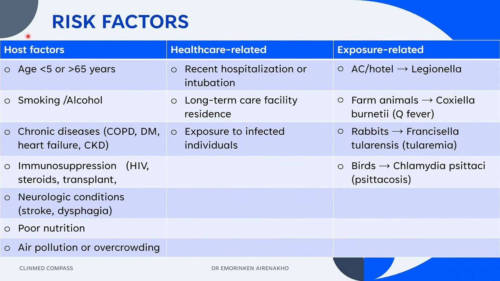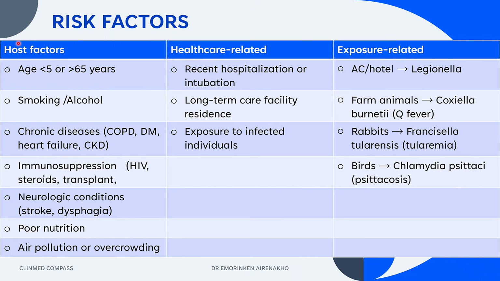We'll talk about the risk factors now. Who are those that are likely to get pneumonia? Now, we divided this into three: host factors, healthcare associated risks, and exposure risk.